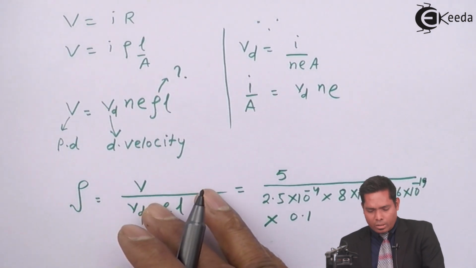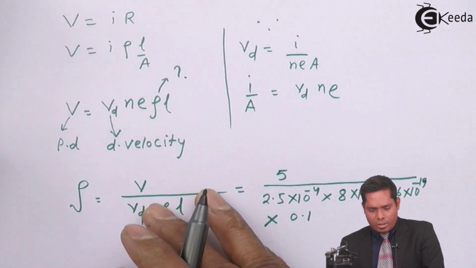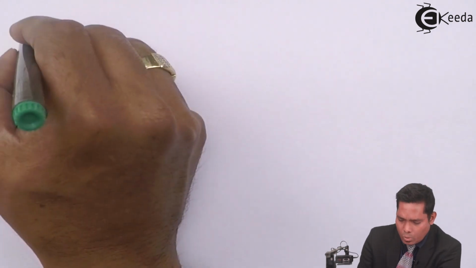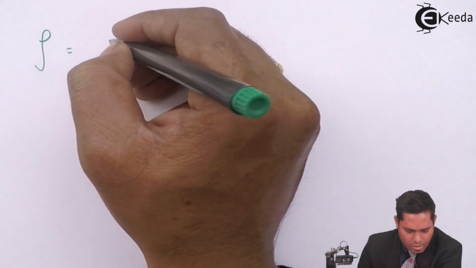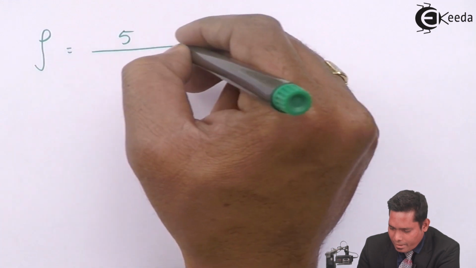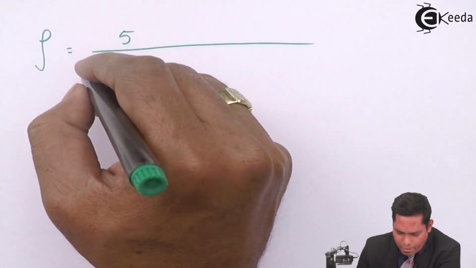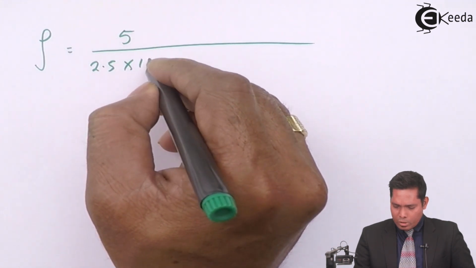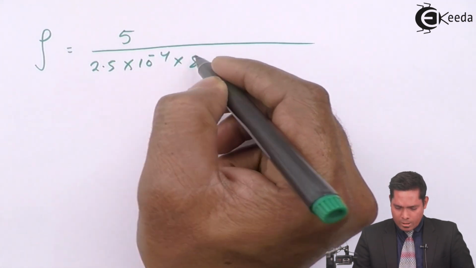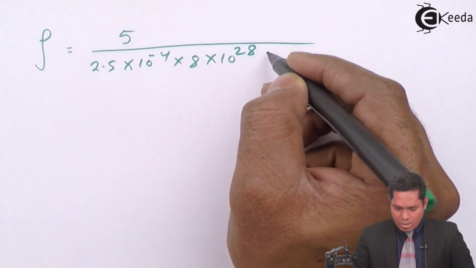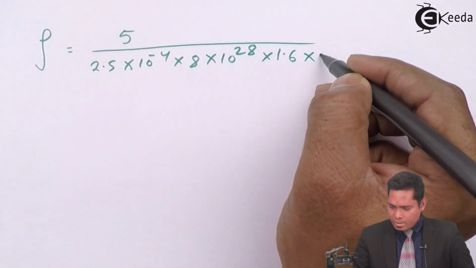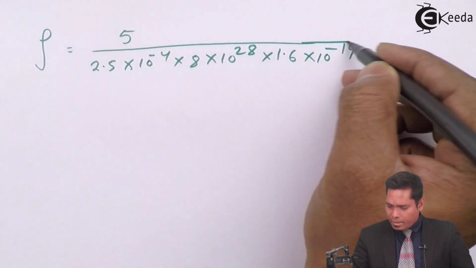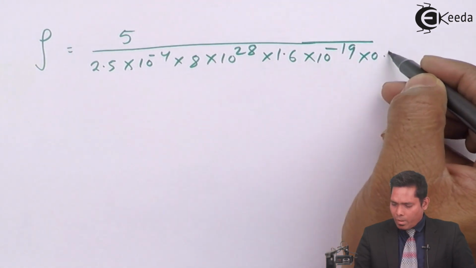So let us use another sheet for this. The rho comes out to be 5 divided by 2.5 × 10⁻⁴ × 8 × 10²⁸ × 1.6 × 10⁻¹⁹ × 0.1.